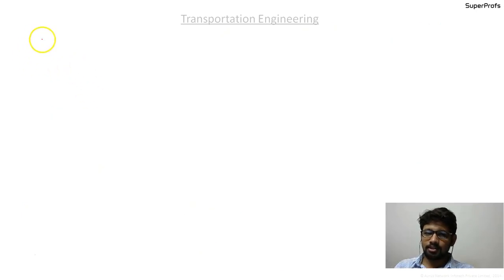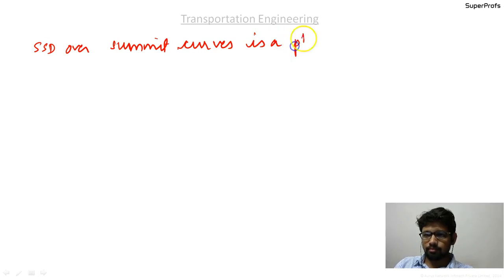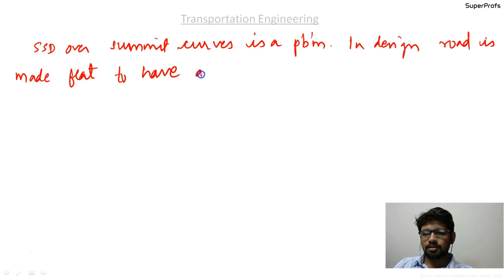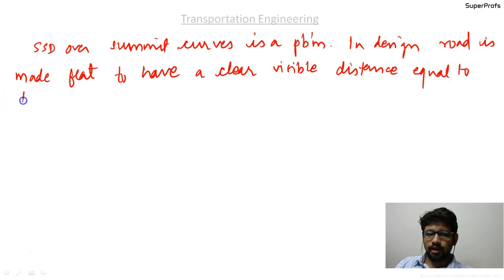Please write down that SSD on summit curves is a problem, and in design, the road is made flat to have a clear visible distance equal to the required sight distance on the road.